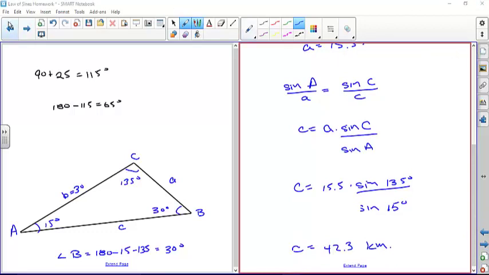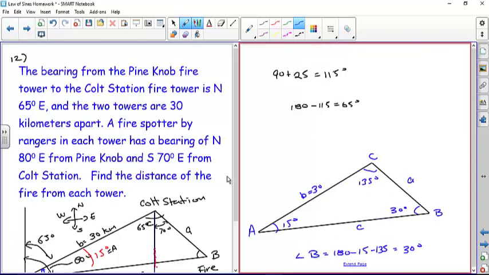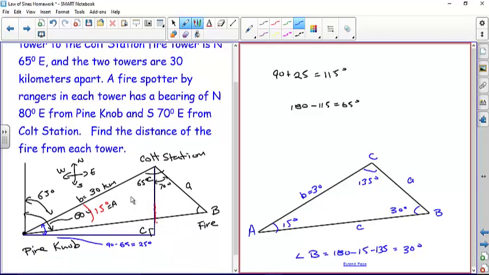So just kind of in review, what we did is we took the drawing in the book, and from the bearings, from these two angles, we were able to find this internal angle, 15 degrees. To find this angle here between the vertical, I created this right triangle, where the blue angle was 90 minus 65, which is 25 degrees.